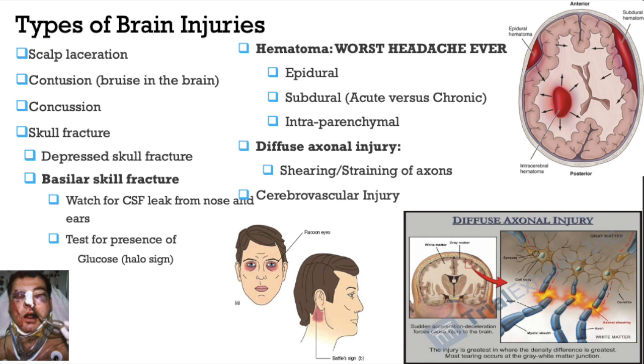This can cause secondary injury that results in headache, nausea, vomiting, sensitivity to light, maybe even a little bit of amnesia. But usually it resolves within a couple of days to a week.